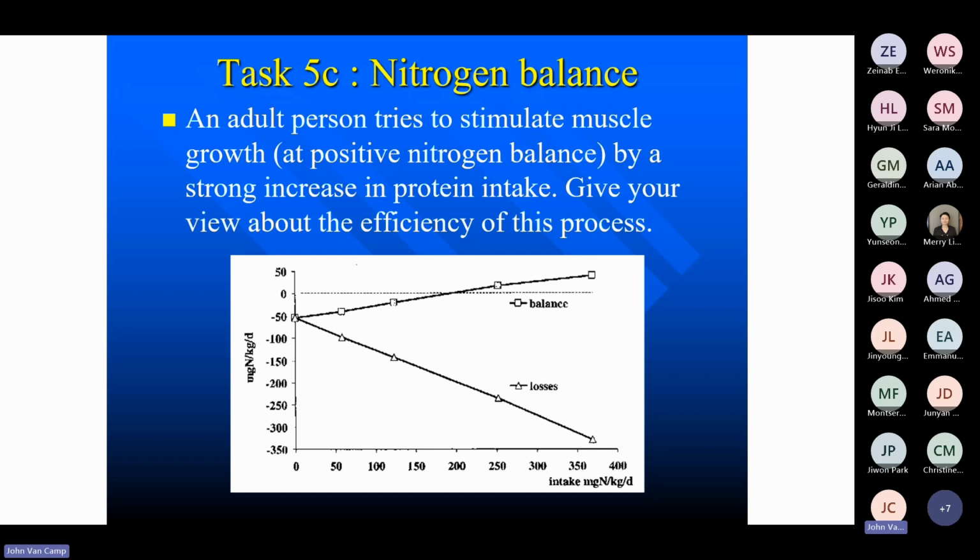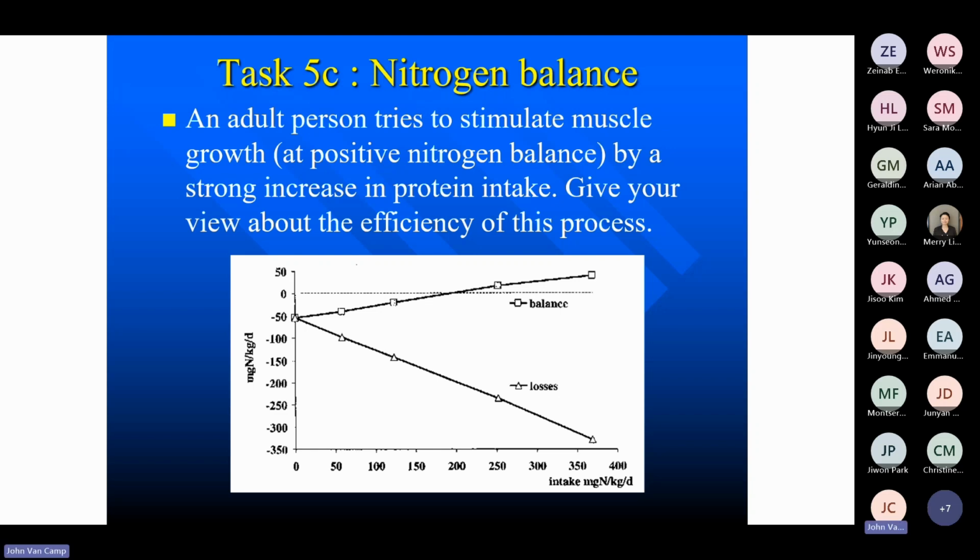The question is, can I get more muscles by this? So think a little bit about the idea that a person is consuming a lot of nitrogen, that the nitrogen balance will become positive after a while, which is true. So positive nitrogen balance means more nitrogen is retained in humans. It means that more protein can be deposited.